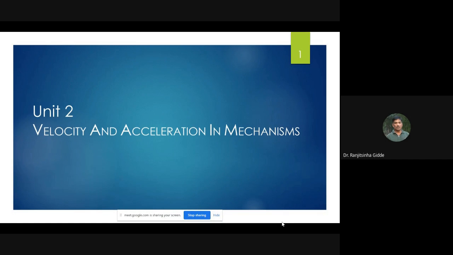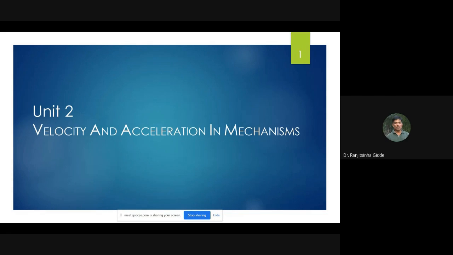So now from the first section, I will start chapter number 2. It is related to the velocity and acceleration in the mechanism.